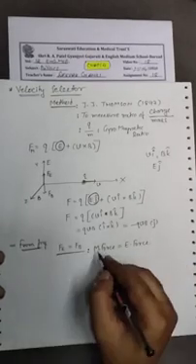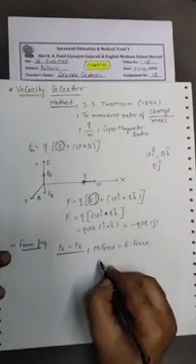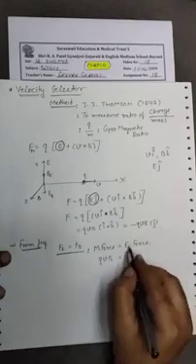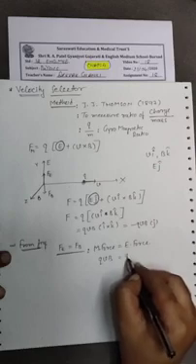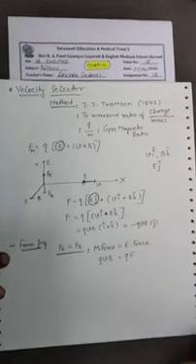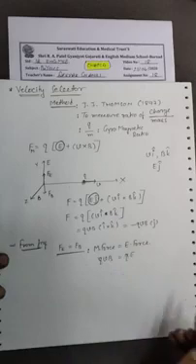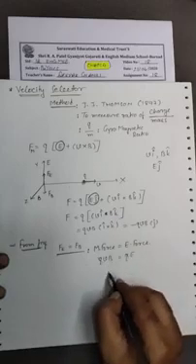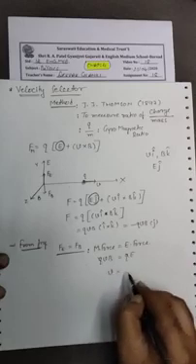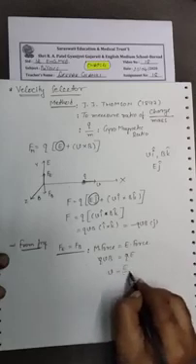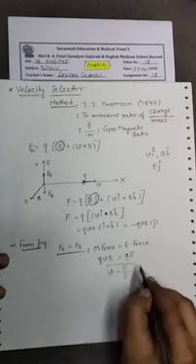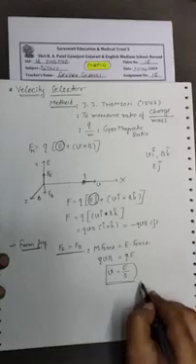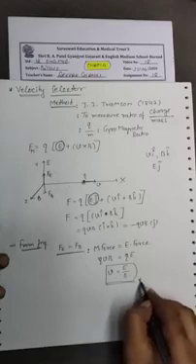The magnetic force is Q V B, and the electric force is Q E. Q will cancel out, and from here you get the velocity V is equal to E by B. So this is the main equation.